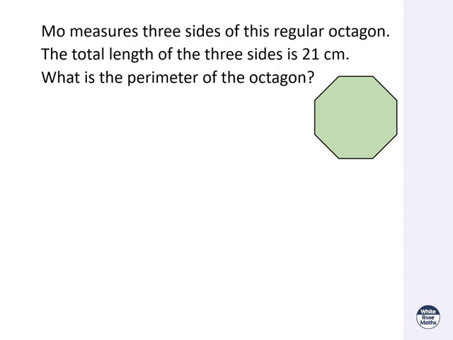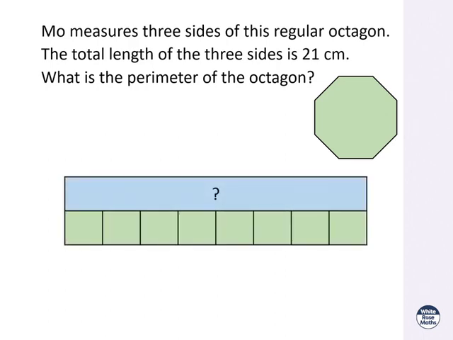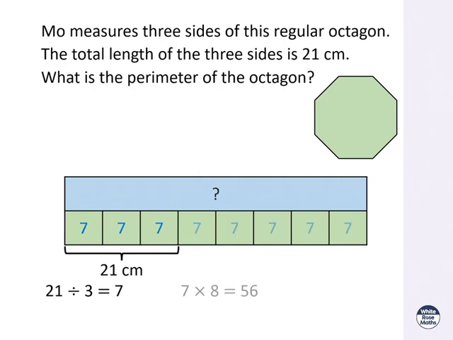How did you get on? Let's use a bar model again to help us. We know that 3 of the sides are 21 centimetres. So to work out one of the sides, I would need to divide 21 by 3, and this is equal to 7. If one of the sides is 7, that must mean that all of the sides are 7.